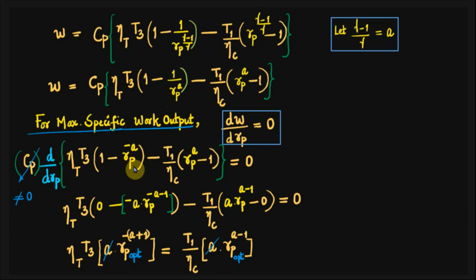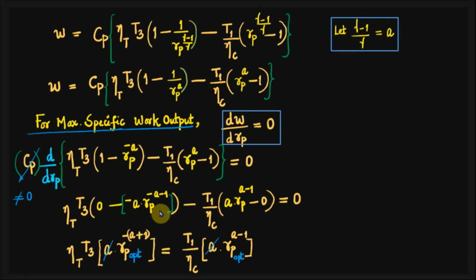For this term, the derivative is minus A, that index, multiplied by Rp raised to minus A minus 1. Now for the second term, T1 by eta c, the constant part, into Rp raised to A, when you differentiate with respect to Rp, gives A into Rp raised to A minus 1. Then minus the derivative of 1, that is 0. And the whole expression is equal to 0 now.